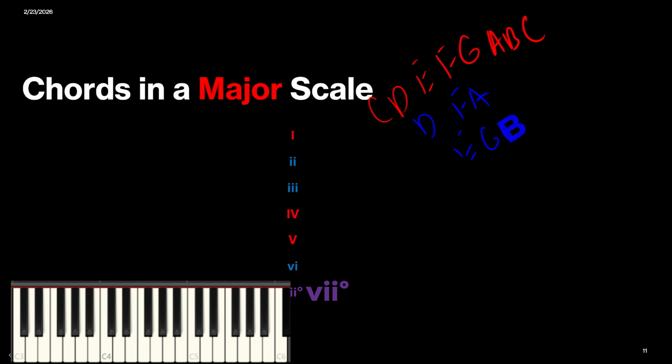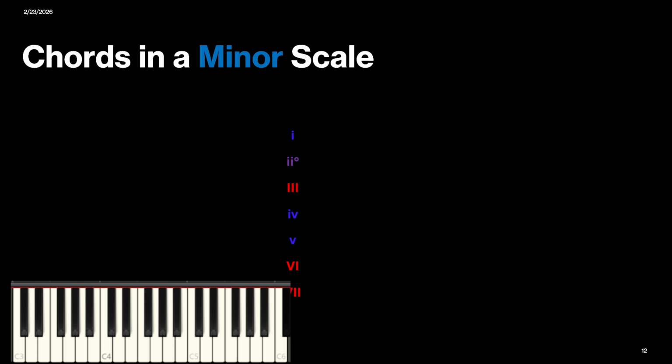So now, for the minor scale, keep in mind, everything is going to switch. All these chords that are major are now going to be minor, and all the chords before that were minor are now major. Like in the major scale, these were uppercase, these were major, and these were all minor. So the only thing that switches between a major scale and a minor scale is the 2 and 7 chord switch.